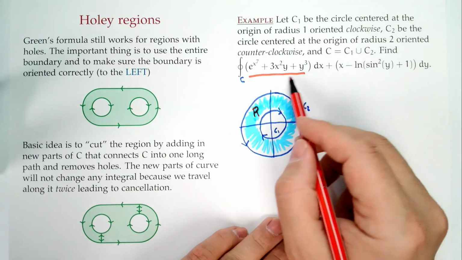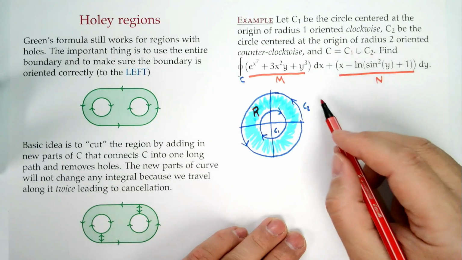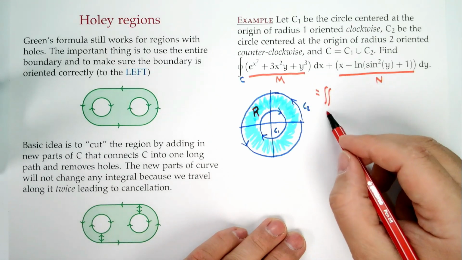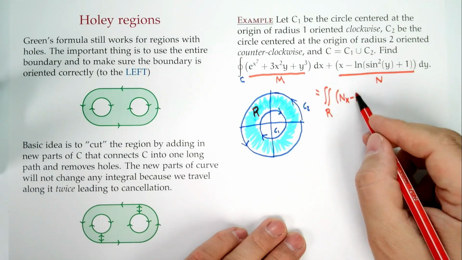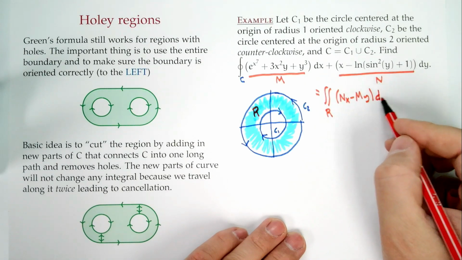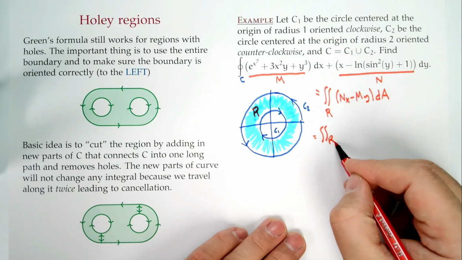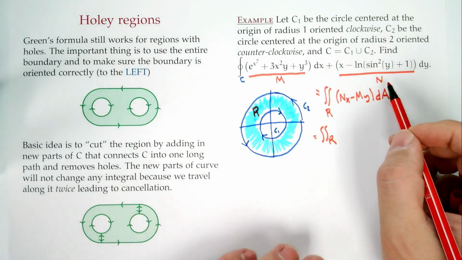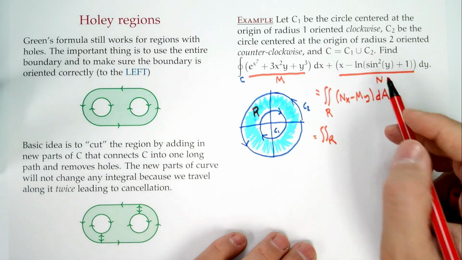So if we call this N, then applying Green's theorem, this is the integral over our region of n sub x minus m sub y dA. Now it looks terrible, but remember we're taking derivative with respect to x. So this log sine squared y plus 1 is gone.